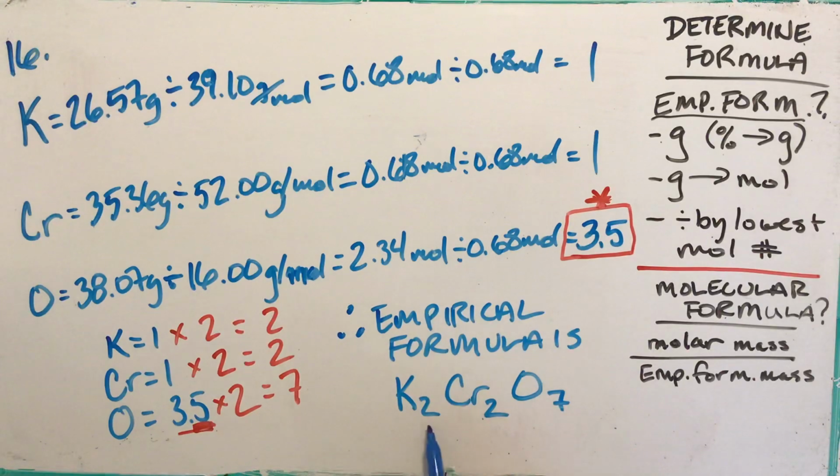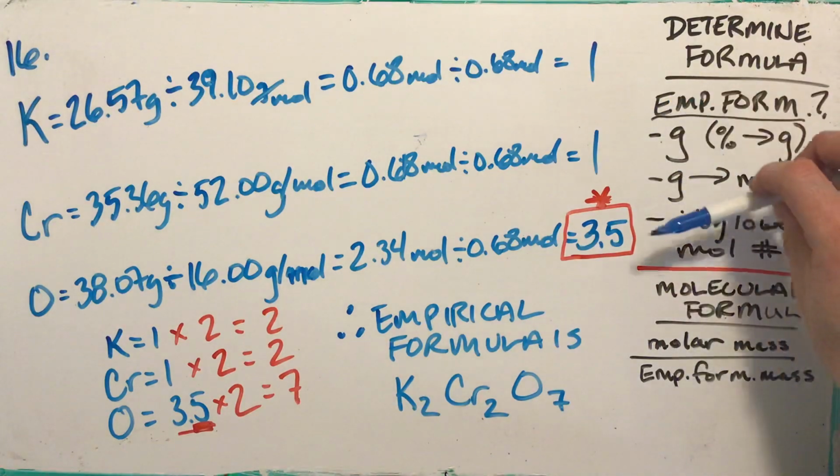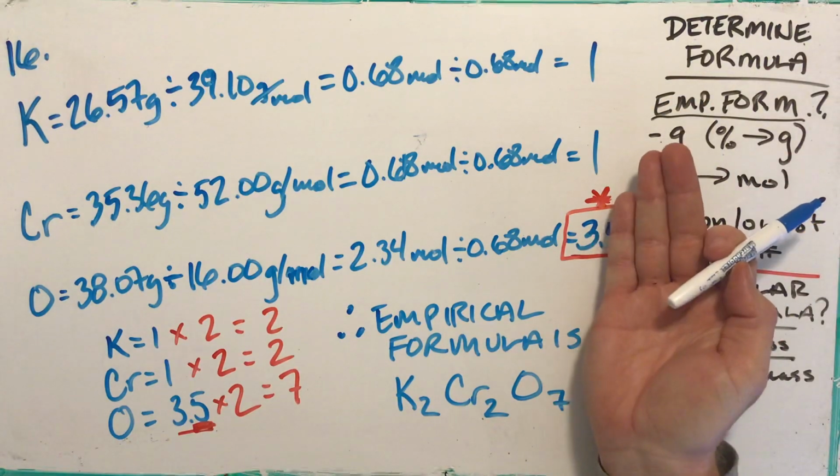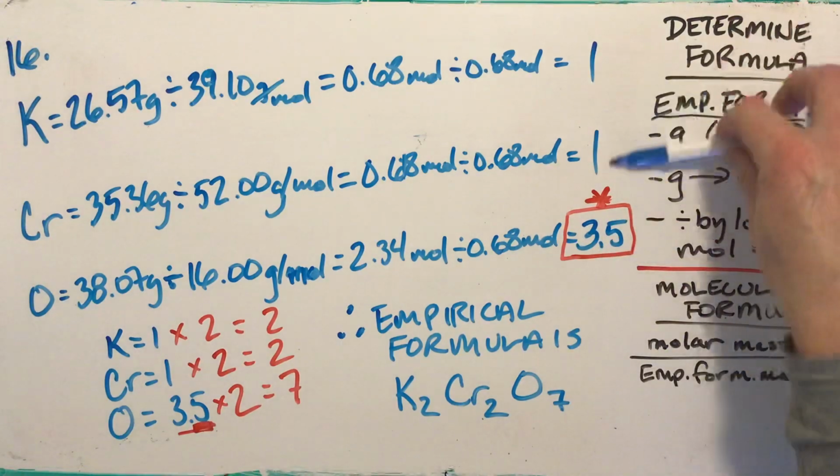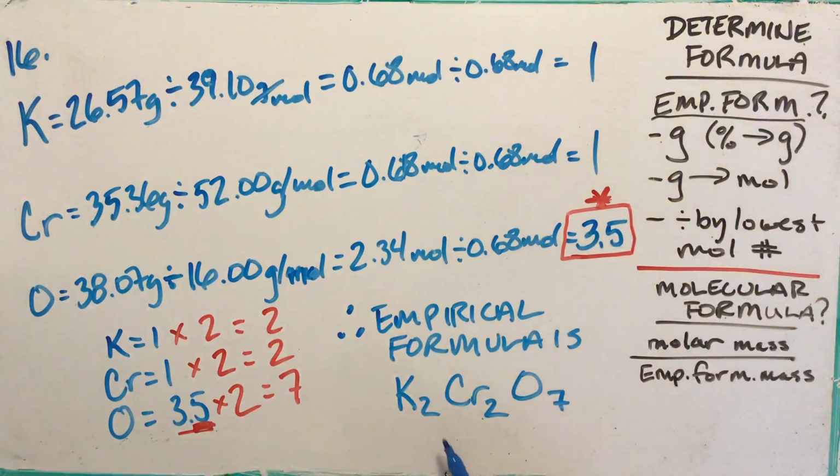So you see that again, there's no 1s in there. And that's what this 0.5 usually means, is that there'll be no 1s. If I look at it right here, if that was just a 3, it would be K1Cr1O3. But that 0.5 means there's no 1s. These became 2s because we had to double it. All right, so that's our answer for number 16.